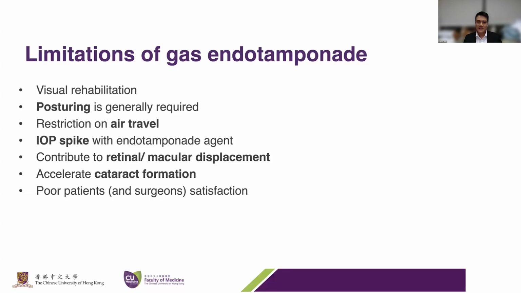Like we already mentioned before, gas can contribute to retinal or macular displacement, and of course it can also accelerate cataract formation. In my experience, the need for gas, the impairment of early postoperative vision, and the requirement of postoperative posture really reduce patient satisfaction. And by extension, that would also reduce my own satisfaction as a retina surgeon.